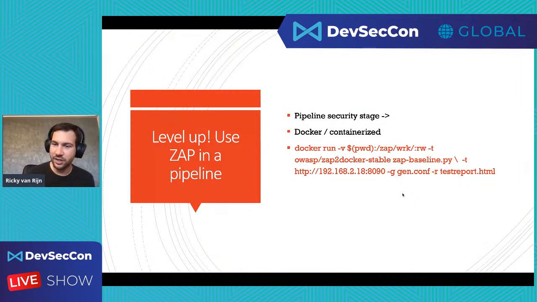It's a Python script, the ZAP baseline, and I just showed you a little demo with the spiders. It's kind of the same. The IP address I've inserted here is phony, so I can use it to make an external IP address.